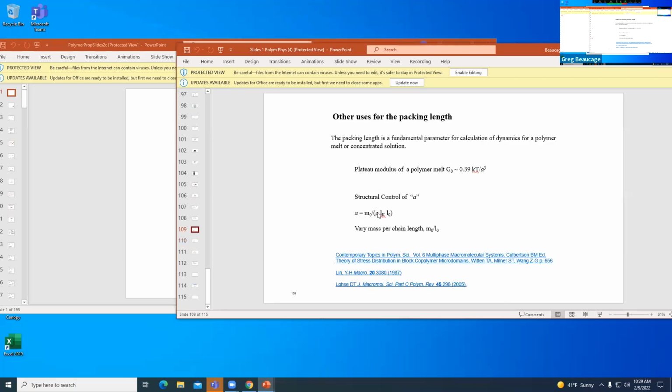Well, you need to know the density. You need to know like the mass density along the chain, like the mass of a chemical unit divided by the length of a chemical unit. So it's just the mass density along the chain and the bulk density. And then the Kuhn length gives you this packing length that tells you, predicts that plateau modulus.